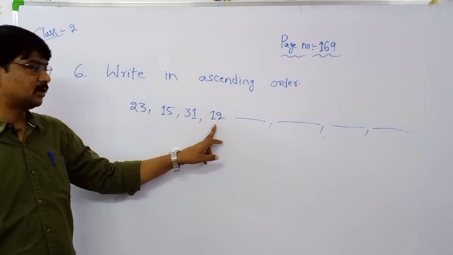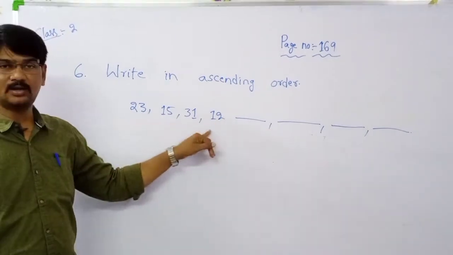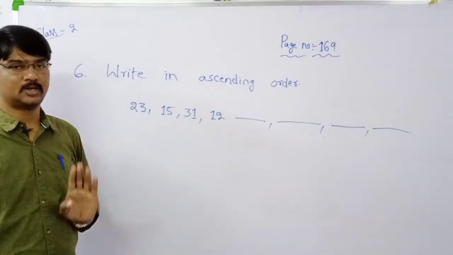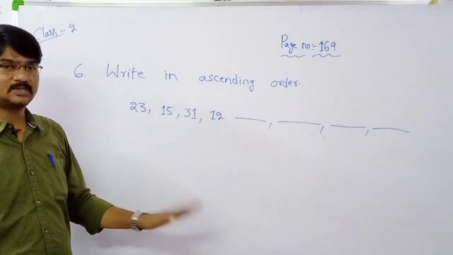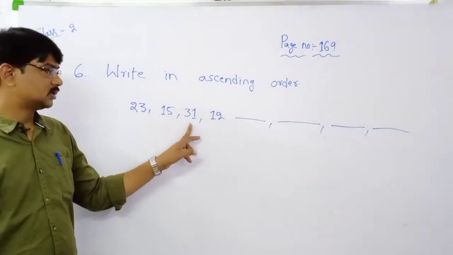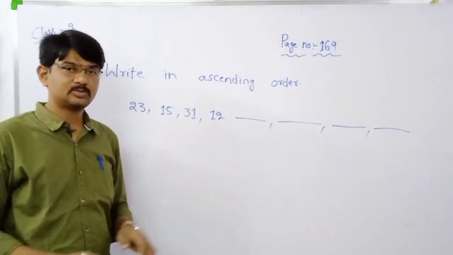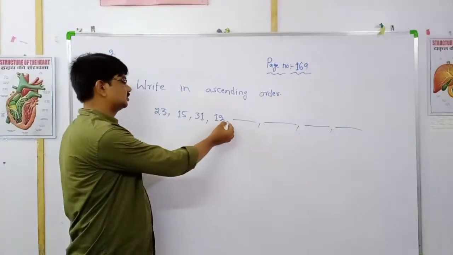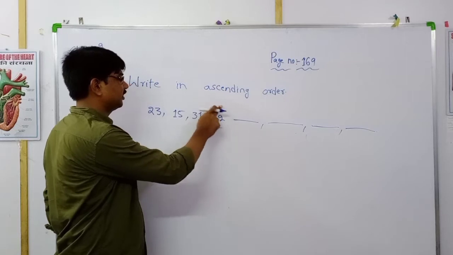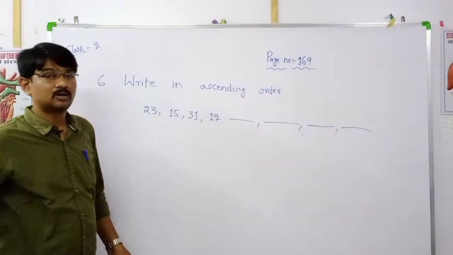So first of all, four numbers are here. We need to select the smallest number. Which is the smallest number? 23, 15, 31, 12. First of all, how to find out the smallest number?